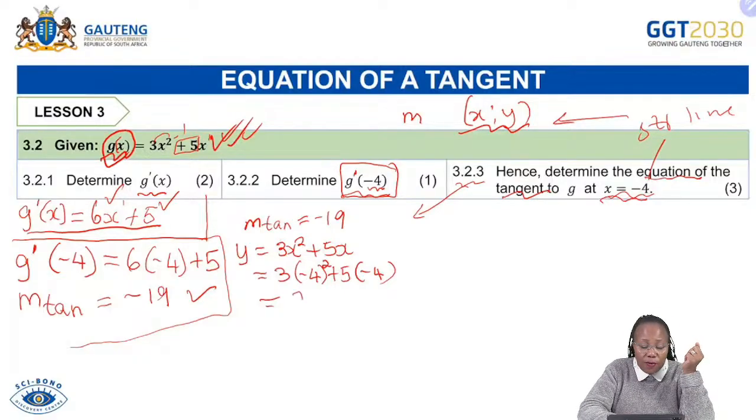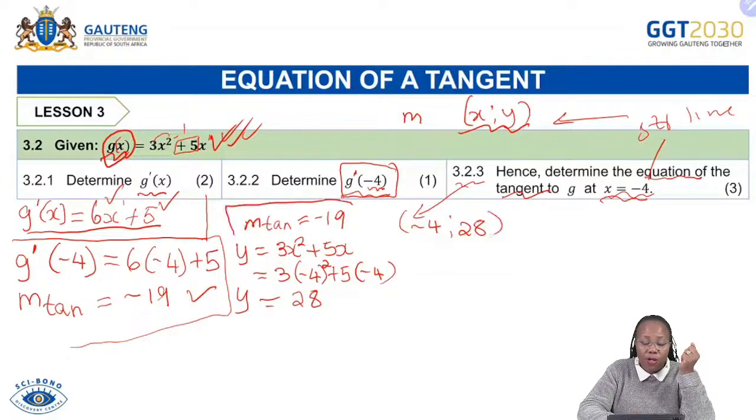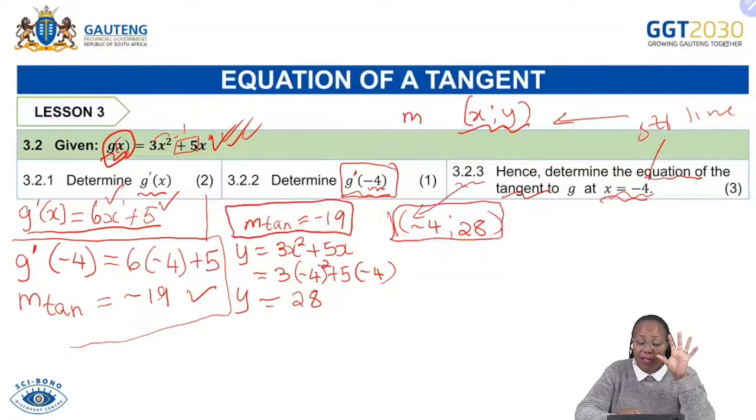We are getting a y value that is equal to 28. Happy now. We have the x value and the y value, of which is x minus 4 and the y value equals 28. We have all what we need, the gradient and the point on that particular graph. Then we can find the equation of this particular graph.